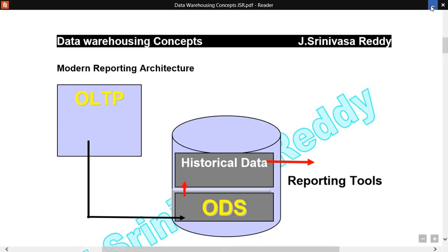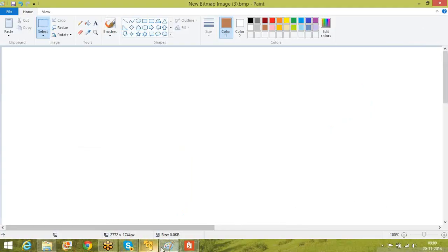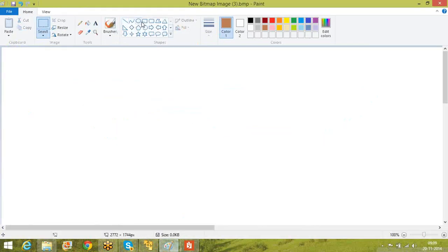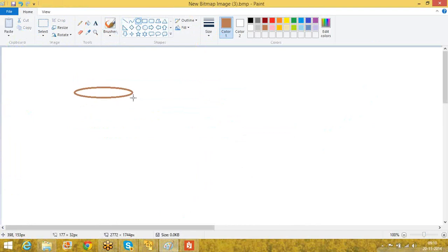So please try to understand like this. One is OLTP, the database of the transactional processing system. This is the OLTP database. The other one is ODS.